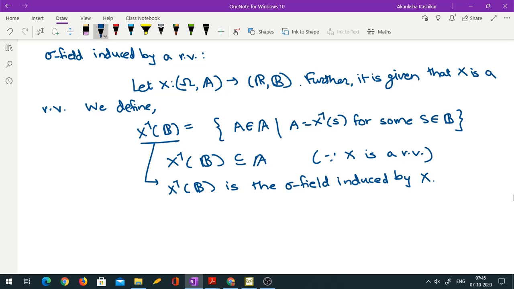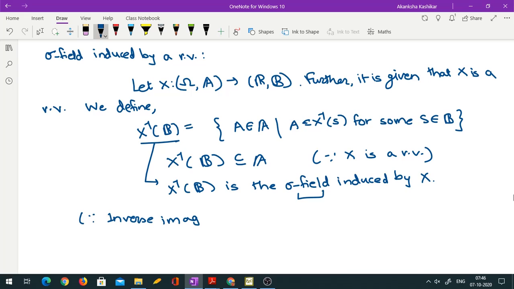Now you might have one question. What is the guarantee that X inverse of B is a sigma field? Because we haven't made it a sigma field yet. We are just collecting inverse images of Borel sets under X. So what is the guarantee that this is a sigma field? So this comes from the earlier result. We have seen that the inverse image of a sigma field is a sigma field.